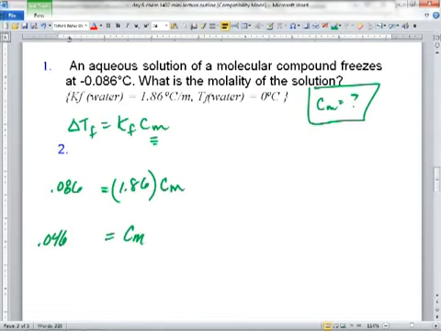Molar? Or what? What's the little symbol that I should put on this for CM? Now, CM is supposed to be not molarity, but molality. Molarity was big M. Molality is little m. Like the hint, I guess, is a little subscript there. Put a little m on it.